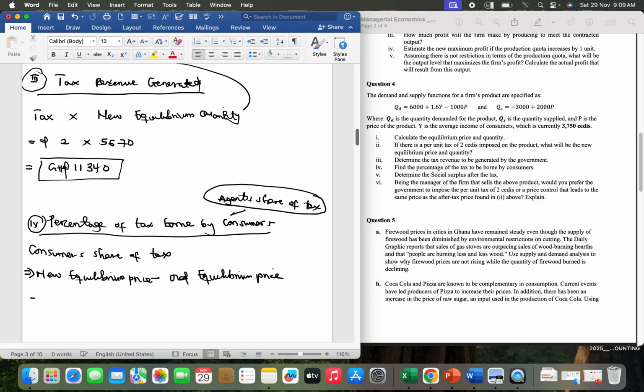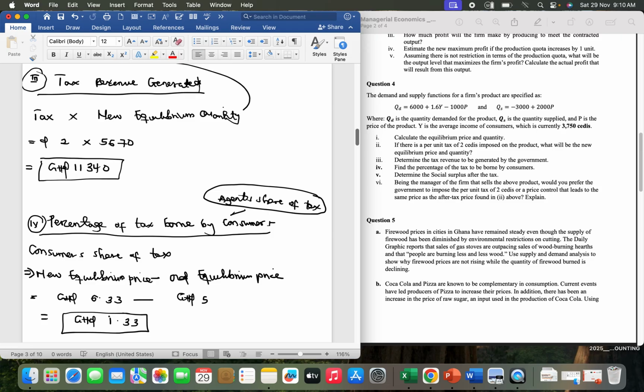Your new equilibrium price in the question was the new price as a result of tax, which was 6.33, minus the old equilibrium price, the one we solved earlier. I think it was 5. Yeah, we had price to be 5. So in doing this, the consumer's share of tax becomes 1.33.